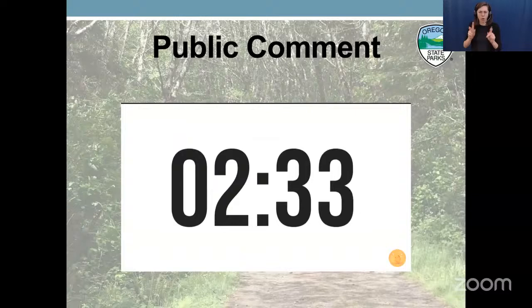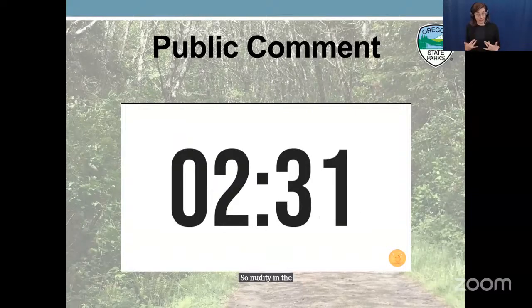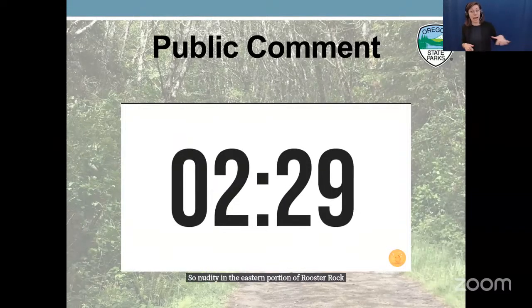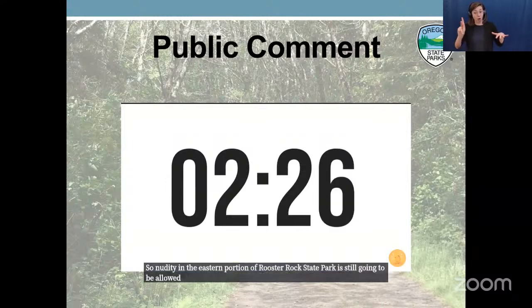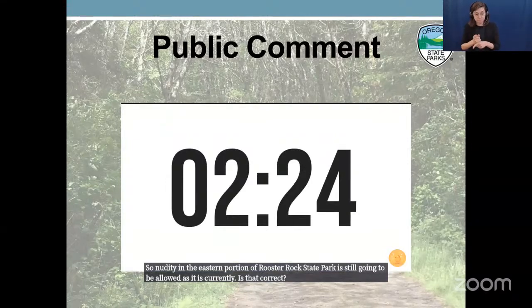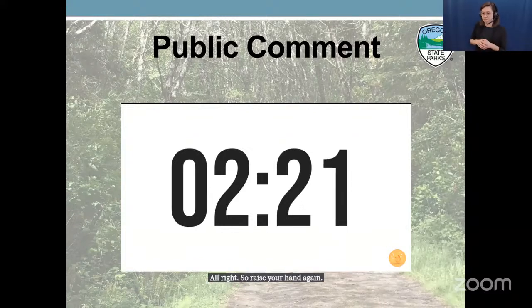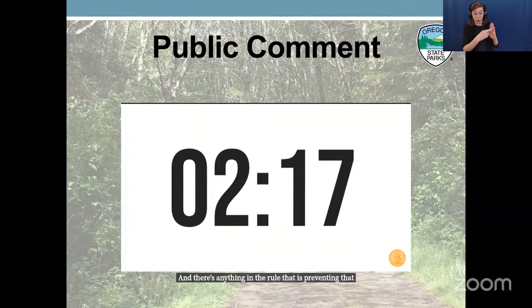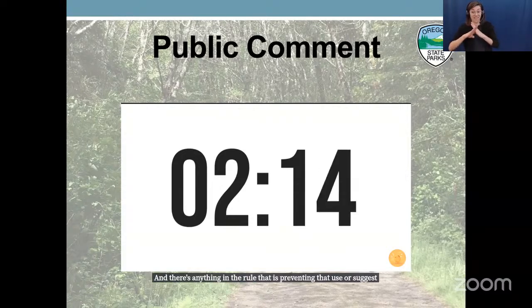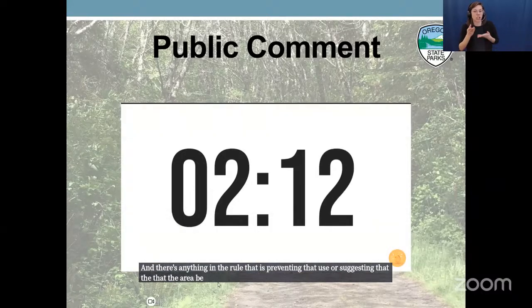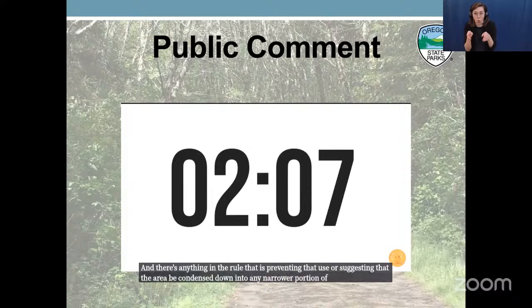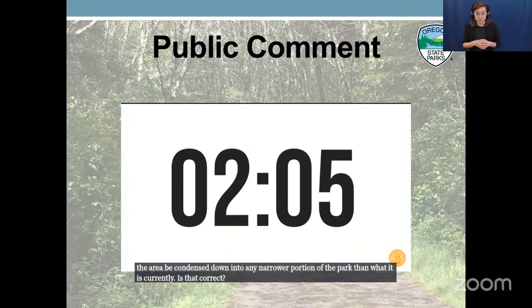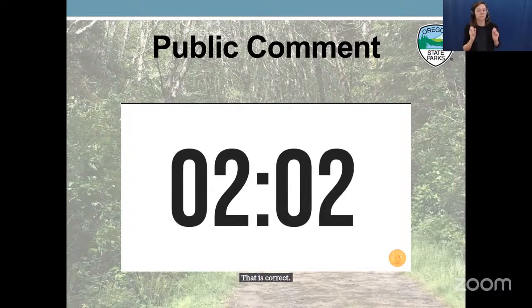So nudity in the eastern portion of Rooster Rock State Park is still going to be allowed as it is currently. Is that correct? That is correct. And there's not anything in the rule that is preventing that use or suggesting that the area be condensed down into any narrower portion of the park than what it is currently. Is that correct? That is correct. Okay. Thank you very much. Thank you very much, Jerry.